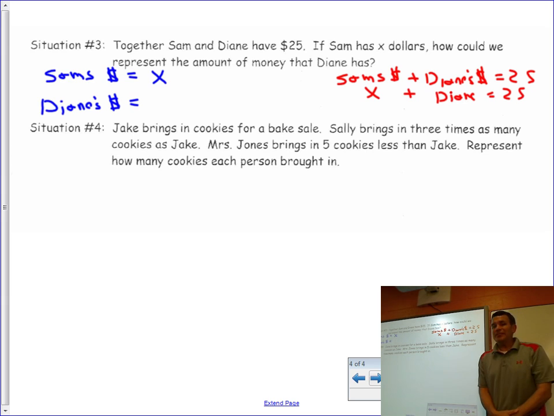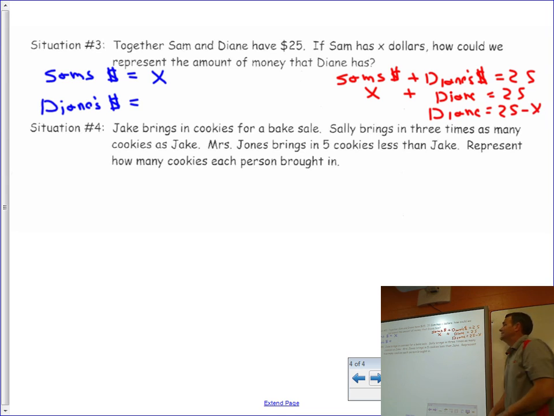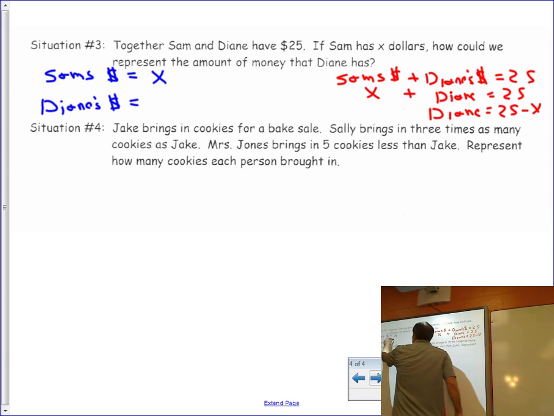So X plus whatever Diane has adds up to $25. And another way to think about that is to move the X to the other side of the problem. Diane would have $25 minus whatever amount Sam has already used up. This is the expression that would represent Diane's amount of money, 25 minus X.